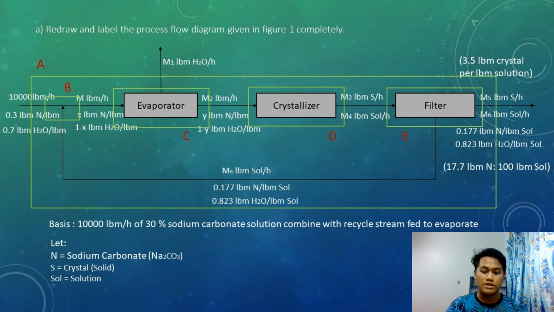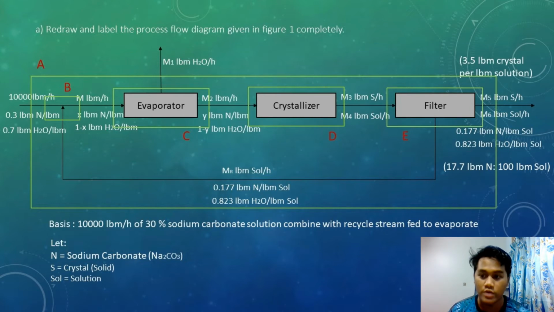For the composition in the solution, it is given that 17.7 lbm sodium carbonate equals 100 lbm of solution, which means the composition of sodium carbonate is 0.177 lbm sodium carbonate per lbm solution, and this composition is the same for the recycled stream.